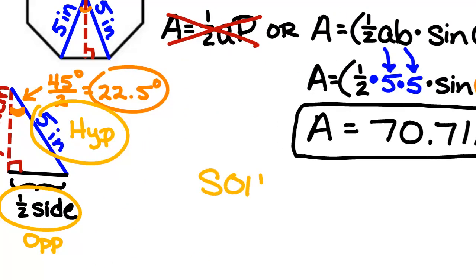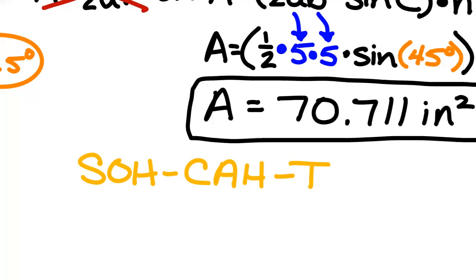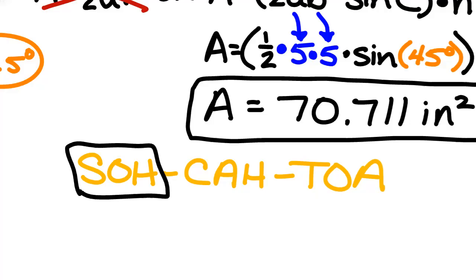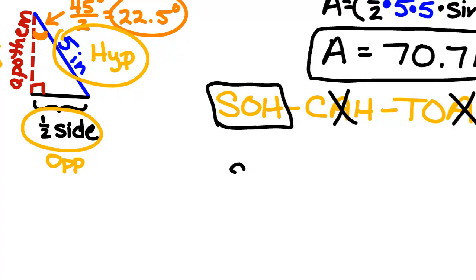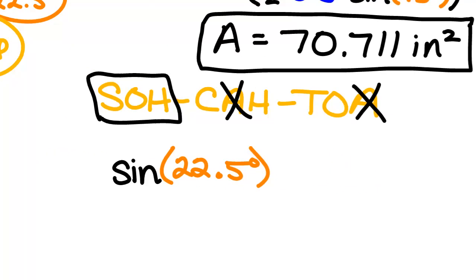So when I look at SOHCAHTOA, which one of these lets me use the opposite and the hypotenuse? Because we don't have nor are we interested in the adjacent side. All right, so sine of 22.5 degrees equals opposite over hypotenuse.